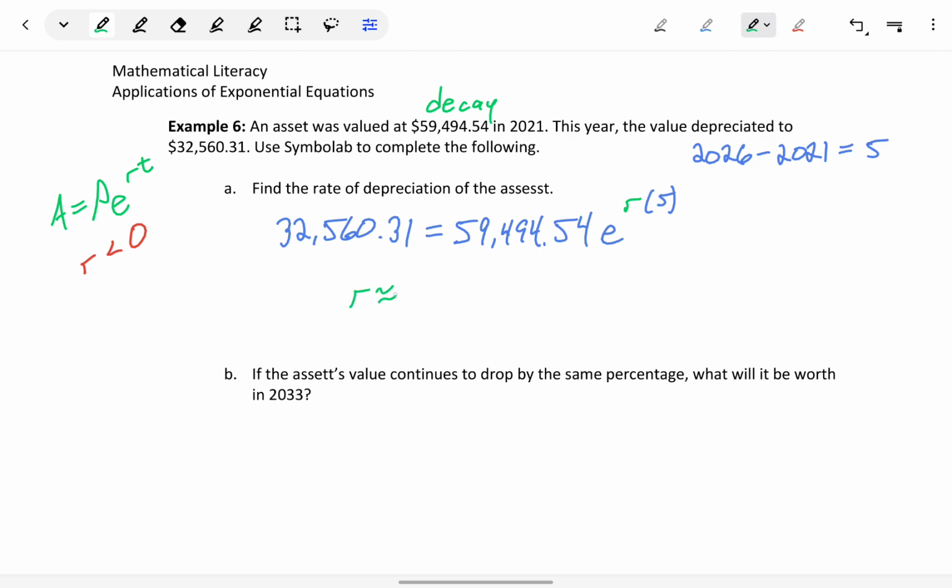Or we could say that our interest rate R is approximately negative 0.1206 if we round that to 4 decimal places, which is the same thing as negative 12.06%.